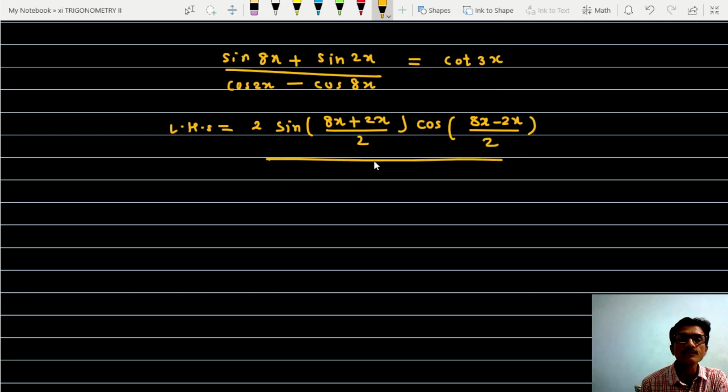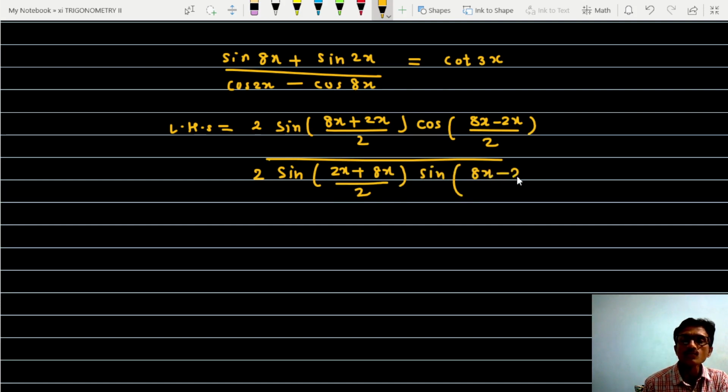Denominator is cos c minus cos d, which is equal to 2 sin c plus d upon 2, that is 2x plus 8x upon 2, into sin of d minus c upon 2, that is 8x minus 2x upon 2.